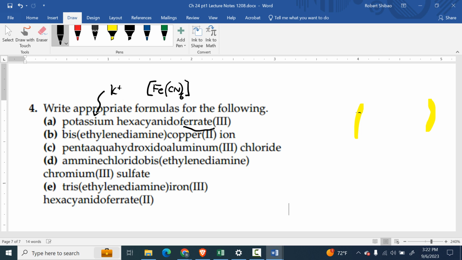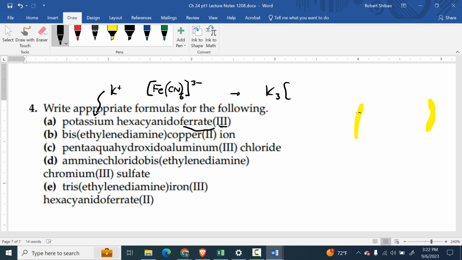And then what's the total charge on this? Cyanide is -1. We have 6 of those, so it's -6. Iron, they're telling us, is +3. So -6 plus 3 gives us a -3 charge. So this will be a 3 minus ion. Potassium is +1, so we have to add these up so charges are balanced.